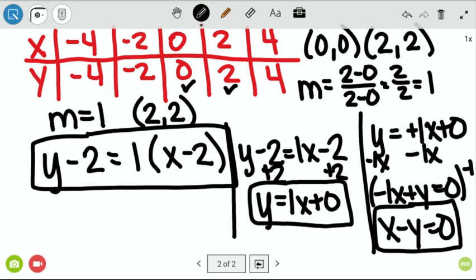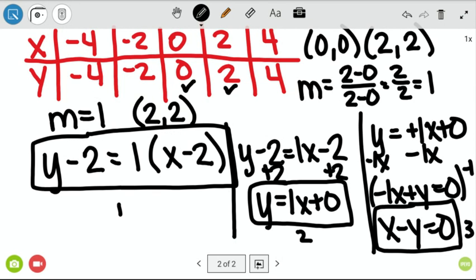Probably your point slope. But I will tell you guys, it does not matter which form. So if we have point slope, which is option 1, option 2, slope intercept, or option 3, standard, I will accept any form of the equation. But remember, point slope is the easiest. I'd probably just stick with that and go.